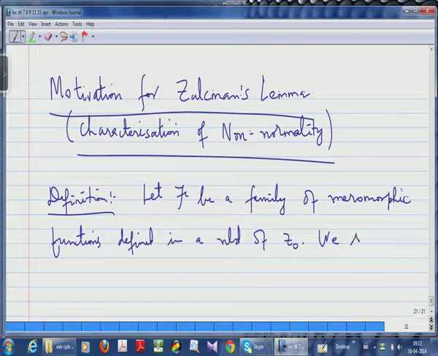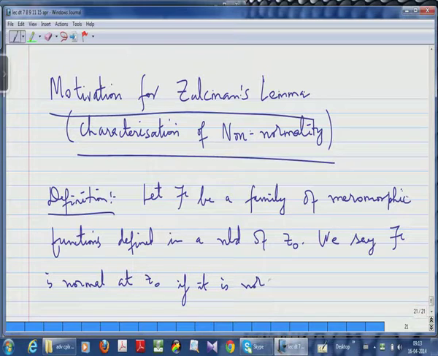We say the family script F is normal at z0 if it is normal in a neighborhood of z0, in an open neighborhood of z0.